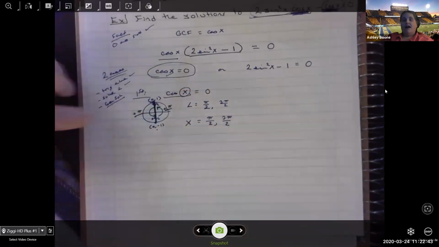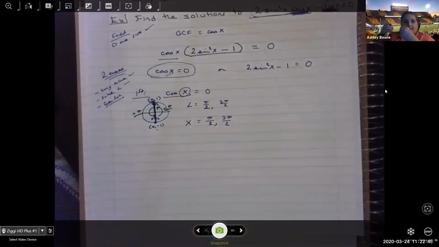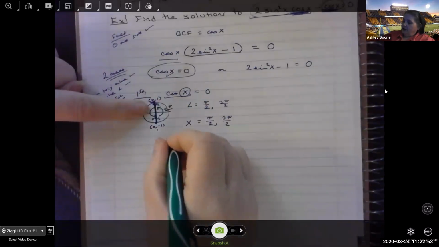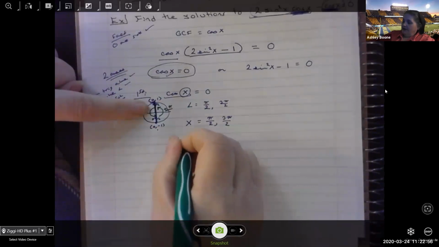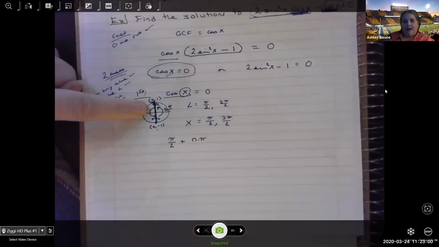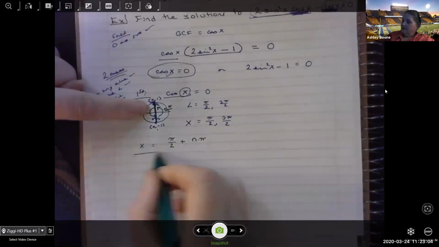We have the same amount between the two. So what I could actually do is take pi over 2 and increase it by any multiple of pi. And that's going to get me to all of my solutions, okay?